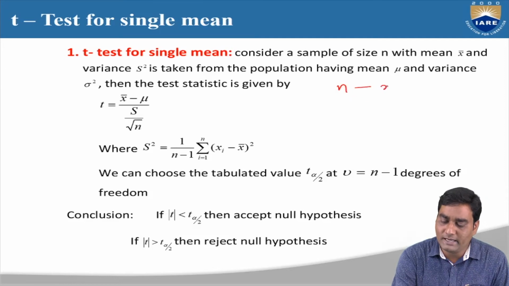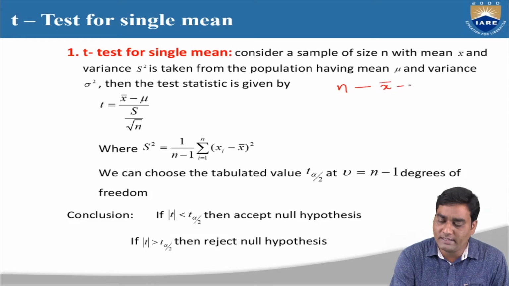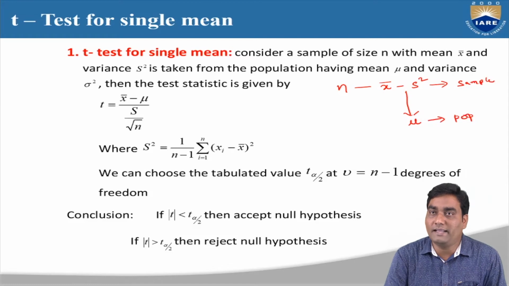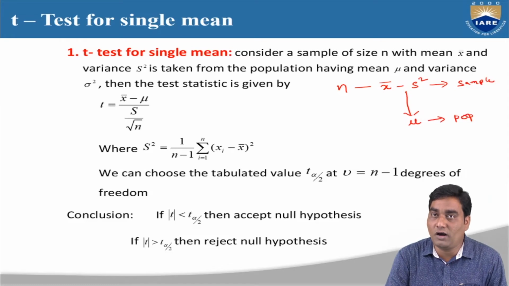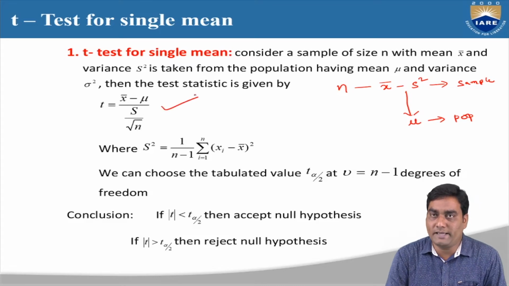The sample mean is denoted by x bar, and the sample variance is denoted by s square. This sample is chosen from the population with the mean mu. Then the test statistic, in step 4 of the procedure, for t-test for single mean is t equal to x bar minus mu by s by root n.